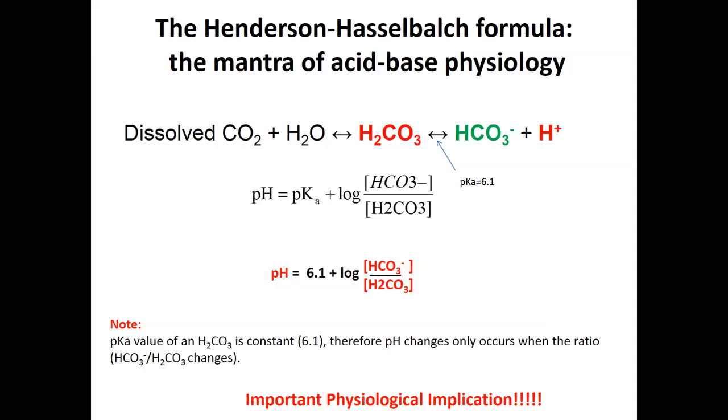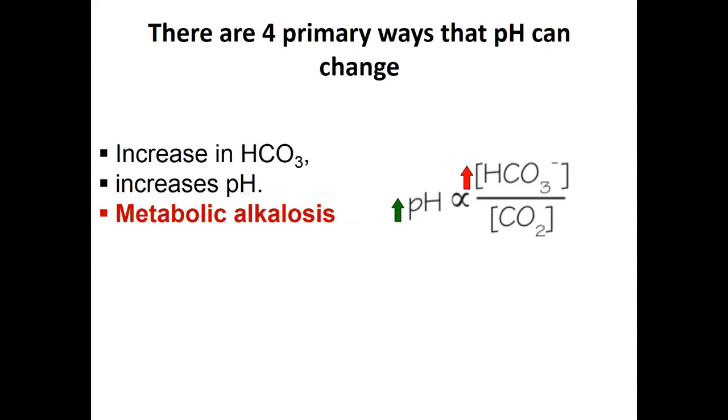Good. And that has a very important physiological role. So look at this. As you see, I took out the pKa value, right? As the bicarbonate concentration, which is the conjugate base, goes up, the ratio will change, okay? When this goes up, the ratio goes up, and the pH goes up, okay?